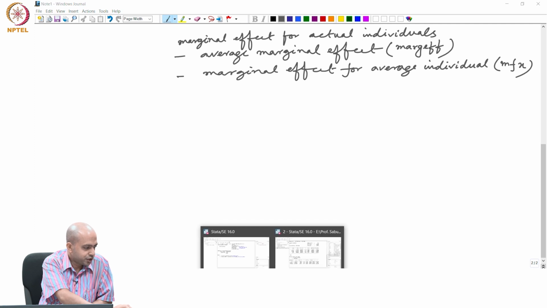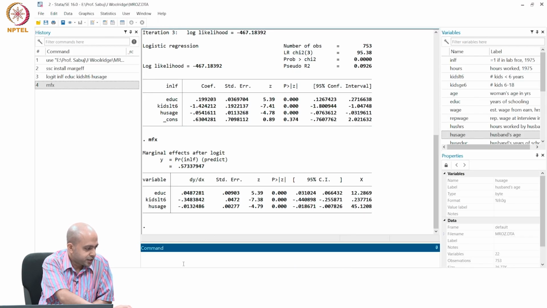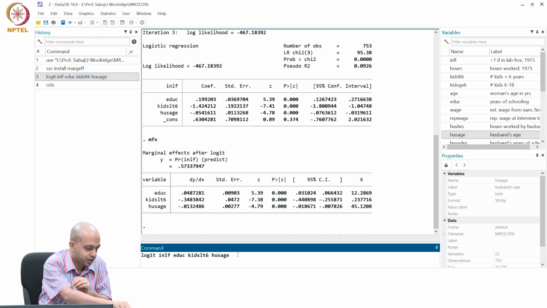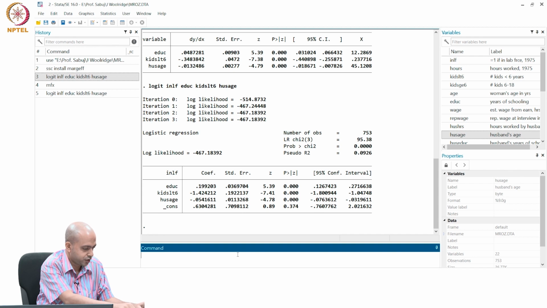So, after estimating the model, let us say I will once again estimate the model. This is the model, logit this, and then I will put margeff.